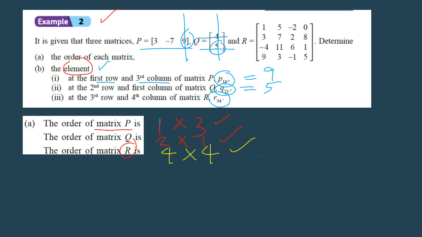And for R34, that means the third column and the fourth row, the fourth column. So this is it, 1. Okay, so no problem for you, easy, it's a piece of cake.